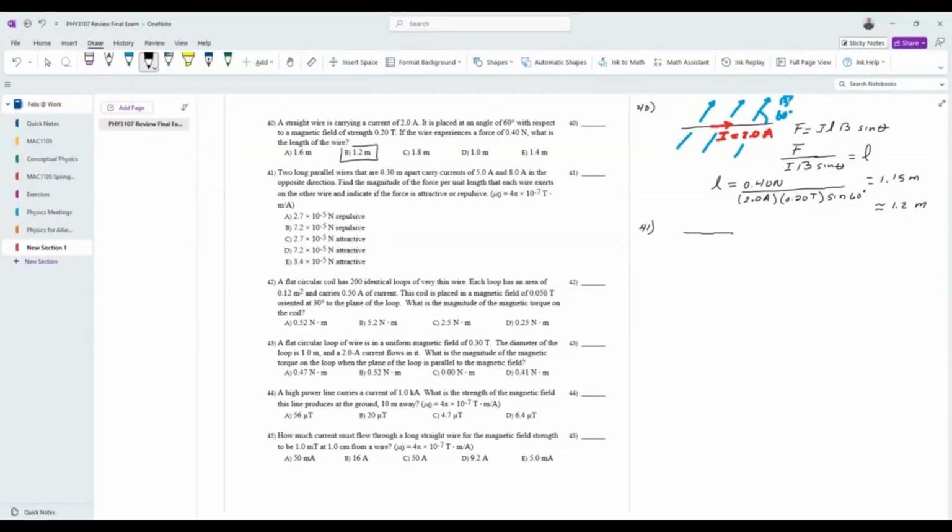Now, what do we have? We have two wires here. One of them carrying a current of 5 amperes, and the other one carries a current of 8 amperes.